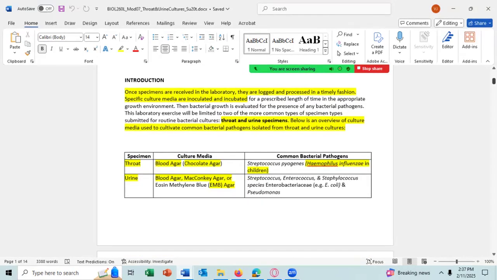Once specimens are received in the lab, they are logged and processed in a timely fashion. Specific culture media are inoculated and incubated for specific throat and urine specimens. Below is an overview of the culture media used to cultivate common bacterial pathogens isolated from throat and urine cultures.